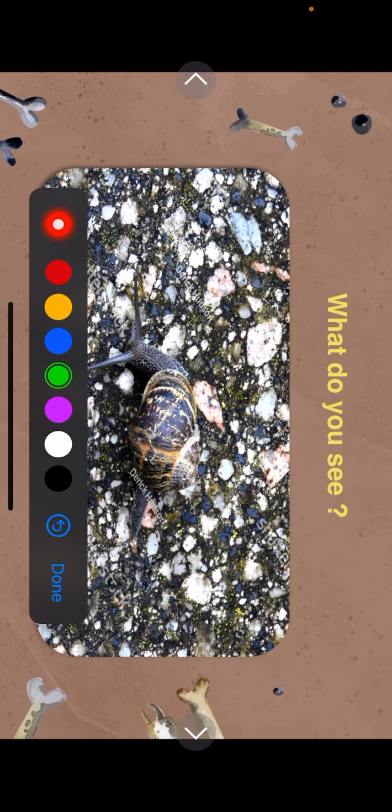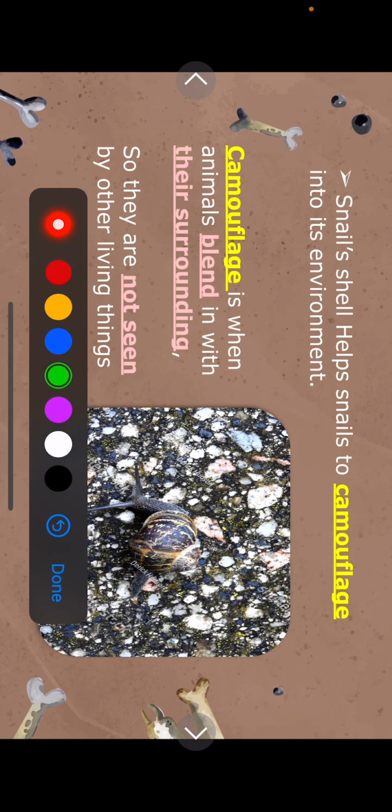The second one, as you see here, the snail, it is not clear. You can see it, but it's not clear. Why? Because the snail's shell sometimes helps the snail to camouflage into its environment. The word camouflage means when the animals blend in with their surroundings so they are not seen by other living things.